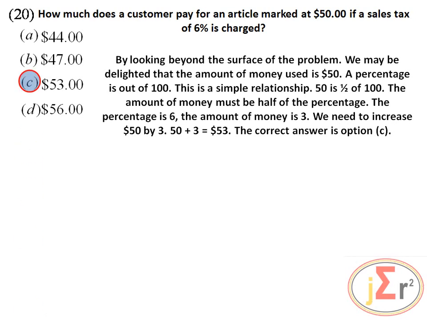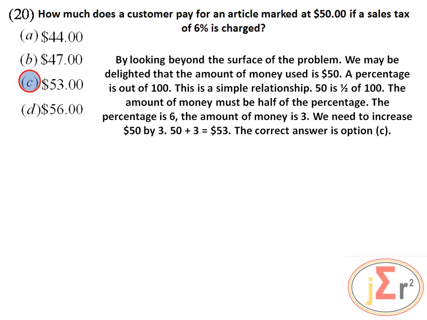If we can see how simple this can be done, probably we could take a look at it here. We have 50 and we have 6. If we use 100, 50 is a half of 100. That means the amount of money must be a half of this percentage. It may not follow as simply as I am looking at it.